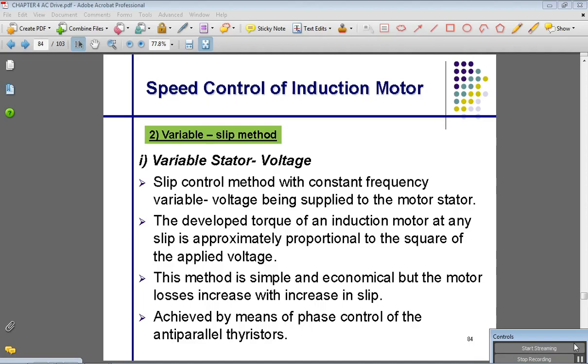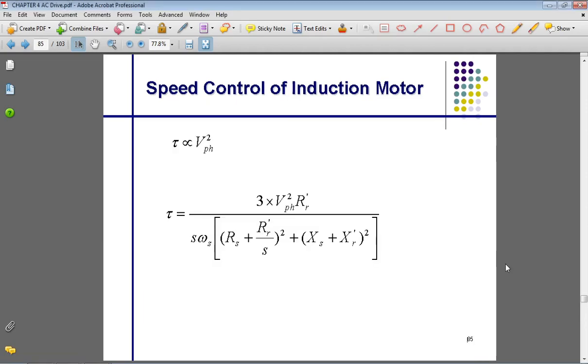The developed torque of an induction motor at any slip is approximately proportional to the square of the applied voltage. As we have derived in the previous lecture, this equation shows the torque is roughly proportional to the square of the stator voltage.